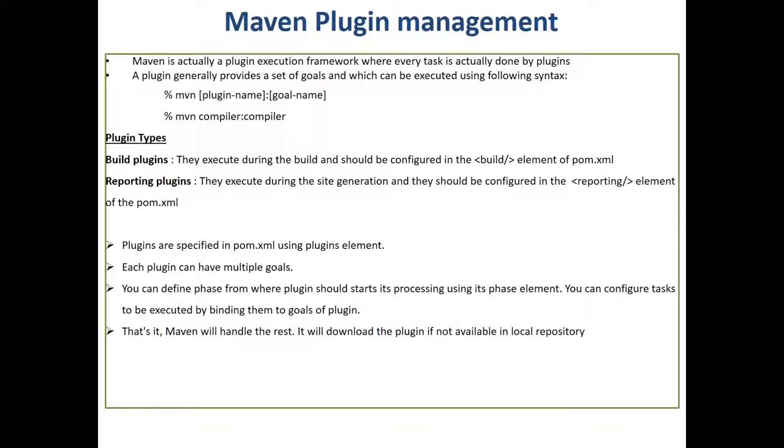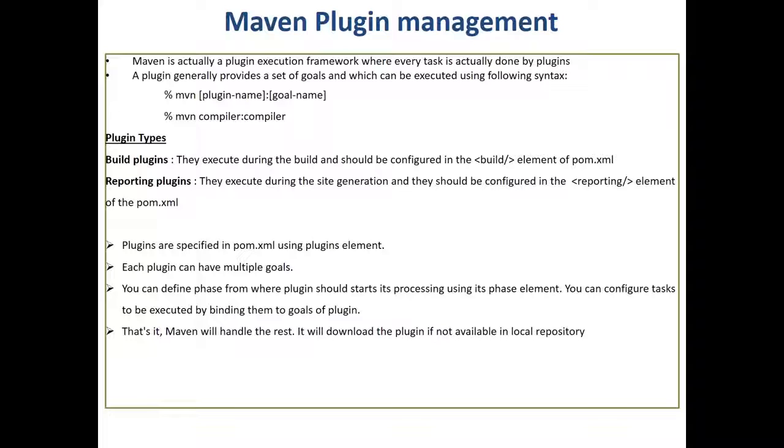So like that, Maven is all about plugin management. If at any point of time you are going to tell Maven to do a workflow differently, then you have to instruct it by specifying a plugin of your interest, which will be doing an exact task other than the default one.